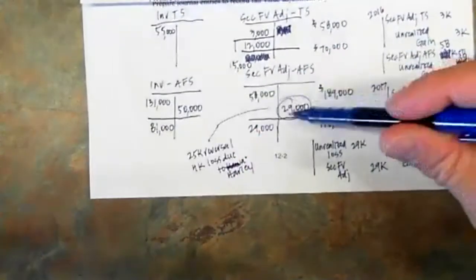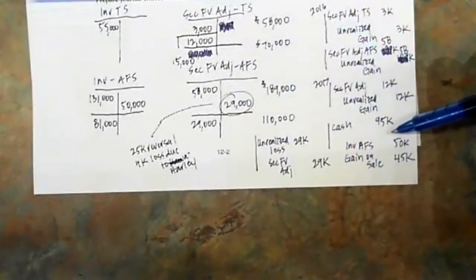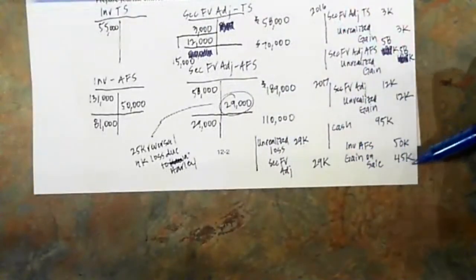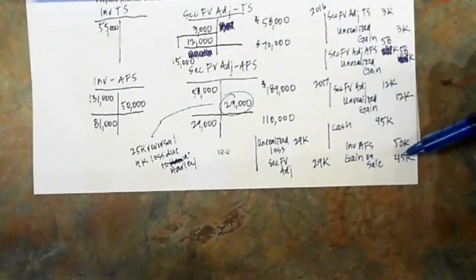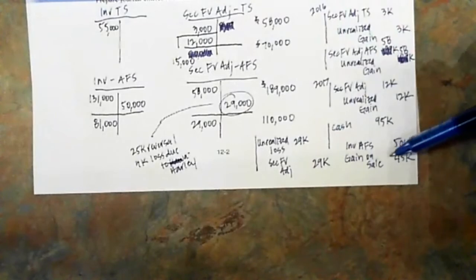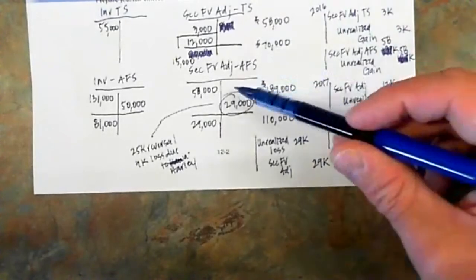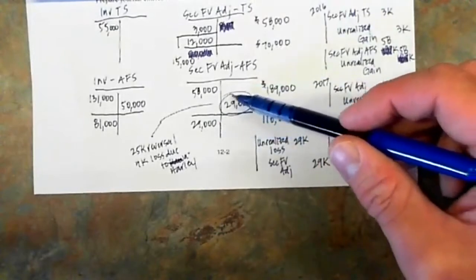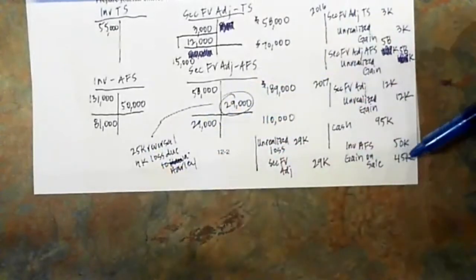So there's two things that are moving in this, and that's why we just record this gain on sale, even though we recognized $25,000 of this gain in a prior period as OCI, because we're going to reverse that out and now recognize the whole gain in net income.